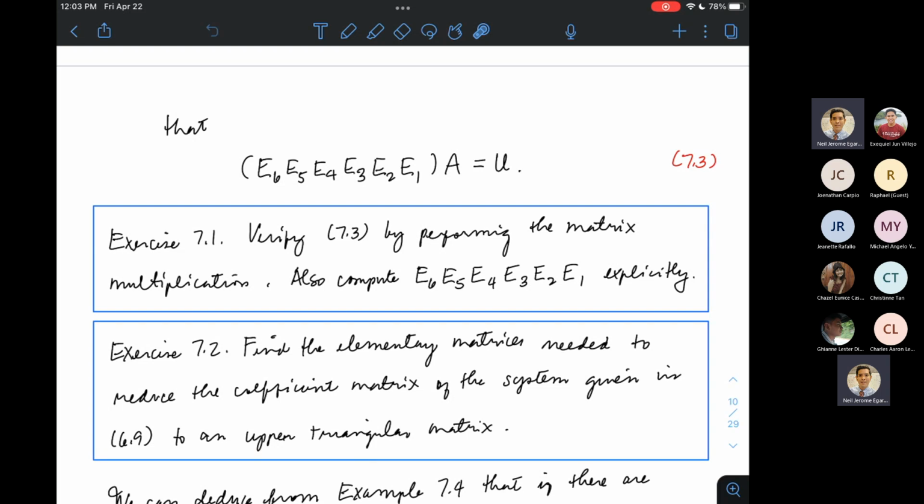Its complexity is of order big O of n cubed. So we need to save whenever possible to make the computation more efficient.